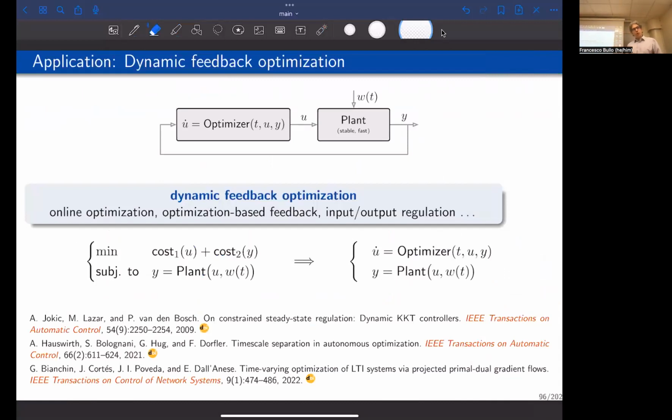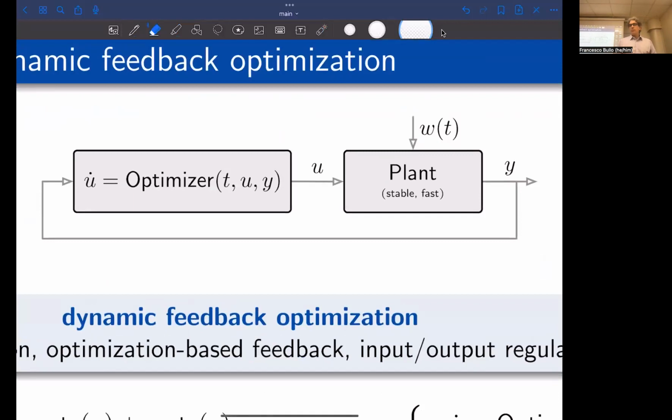Allow me to show you a quick application of this to a control relevant problem, and then we go for lunch. So let us consider a problem like this, it's called feedback optimization. In feedback optimization, you are given a plant, it's a dynamical system, but we're going to make an assumption that you have already designed a feedback controller, and that's happening very quickly.